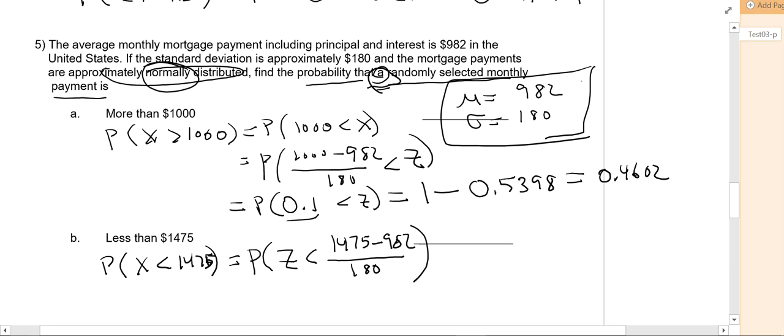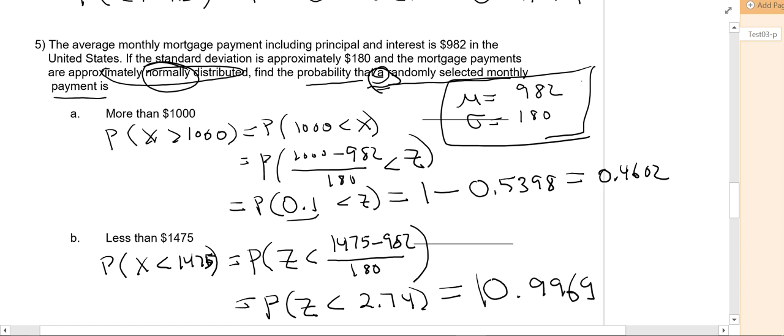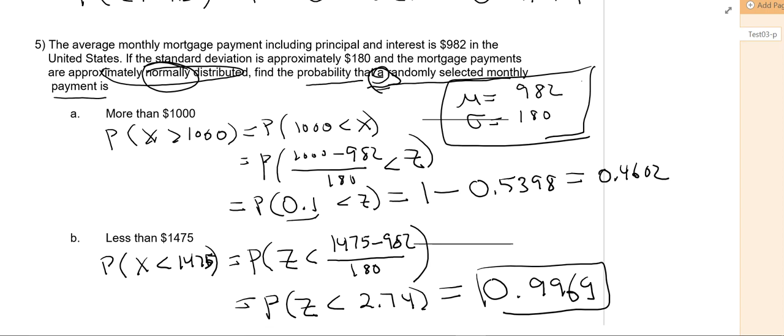When I do my math, this is Z is less than 2.74. This is the way the table works. I'll look up 2.74 in the table and I find the number 0.9969. So the probability that the monthly payment is below 1475 is close to 100%.